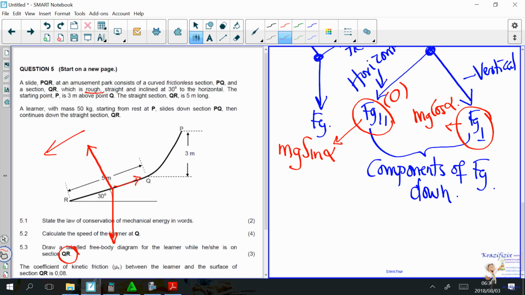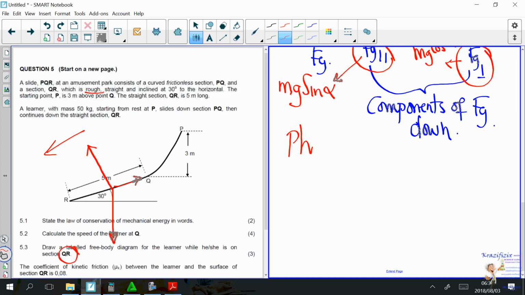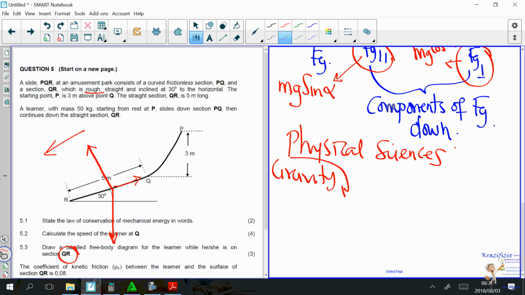Please remember, we are doing physical sciences. When it comes to gravity, do physical science by saying physical, P, parallel, S, sine. So when it is Fg parallel, what do you use? Sine. And that makes your life very, very easy.